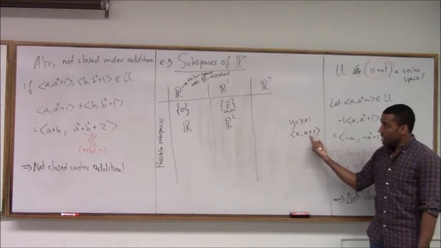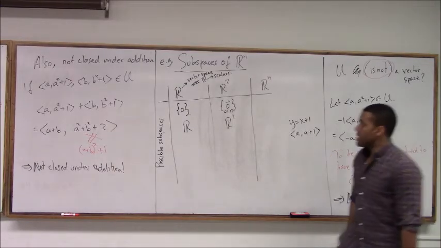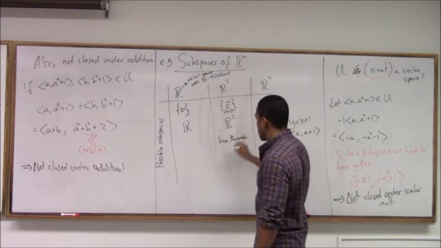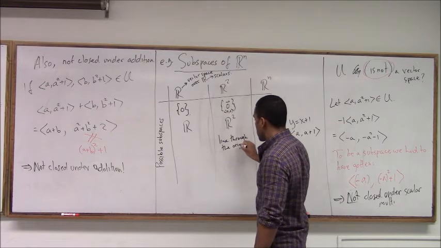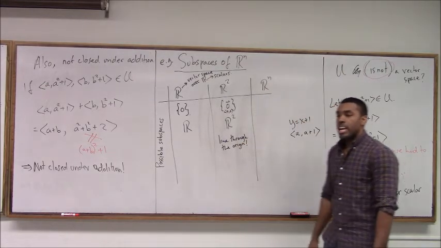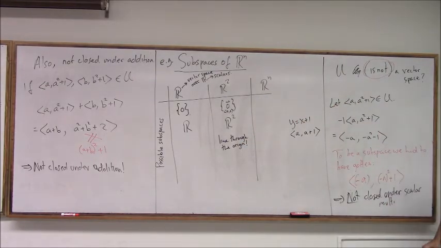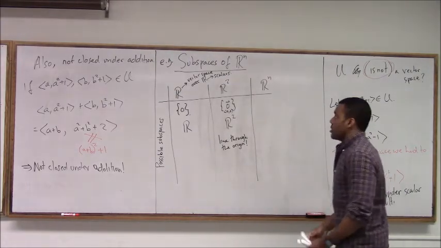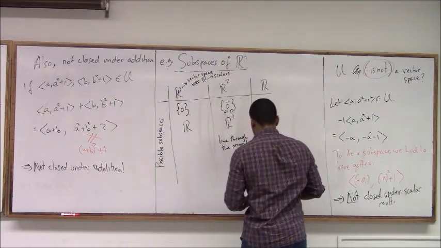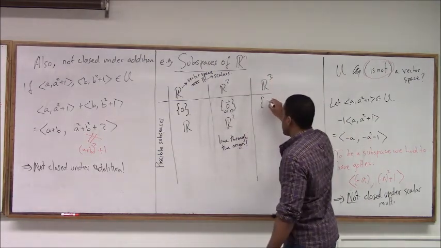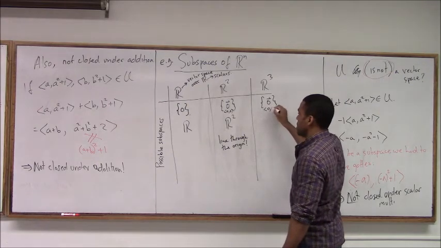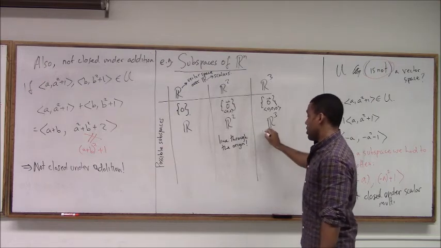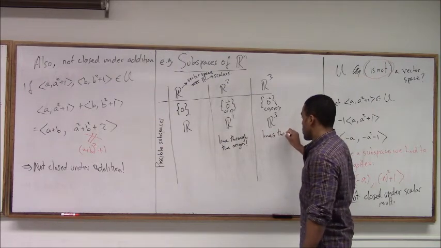It turns out that in order to get a vector space, it has to be a line through the origin. So it can't just be any line. It has to pass through the origin, right? If you go up to R3, possible vector spaces are 0, and remember in this case 0 is 0, 0, 0, the space itself, and lines through the origin, for the same reason.